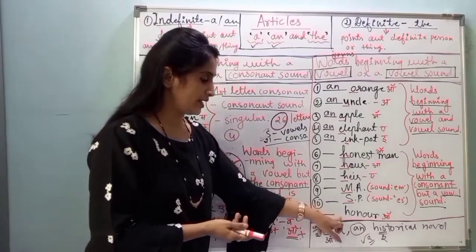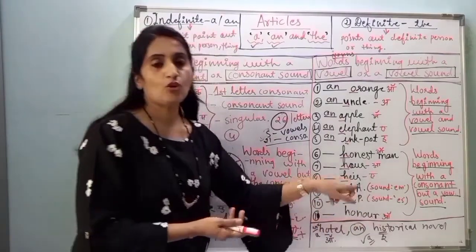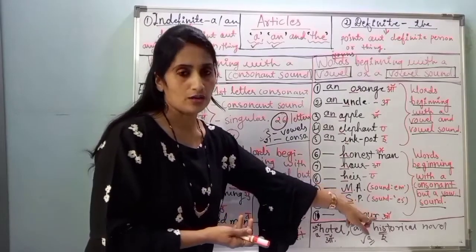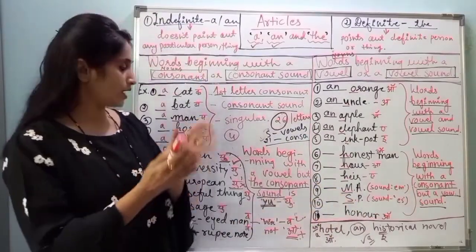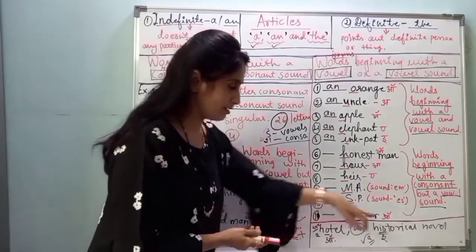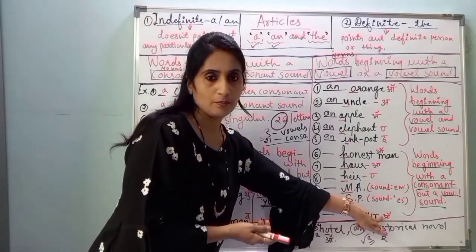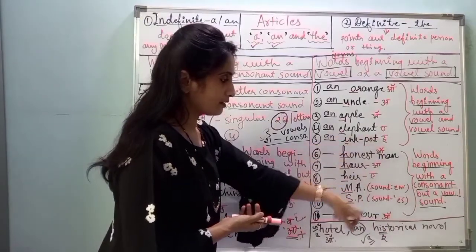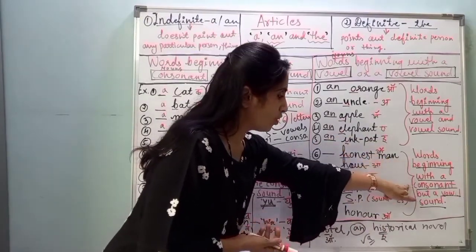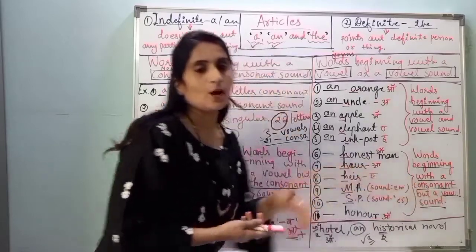And the last word is honor. H-O-N-O-U-R. H is a consonant, but we pronounce the word as honor, means here the sound is a vowel. So from this you can say that these are the words beginning with a consonant but a vowel sound.